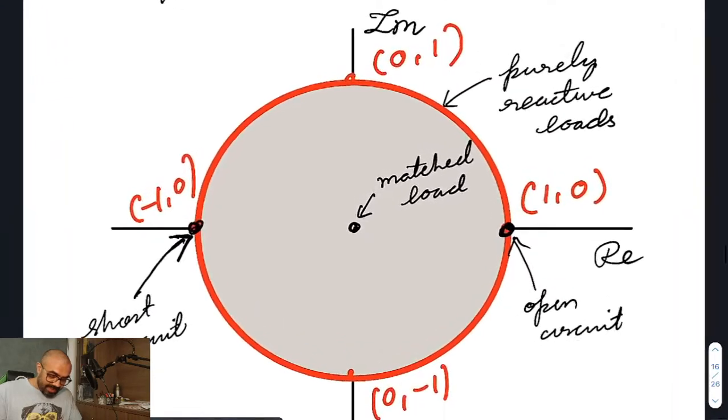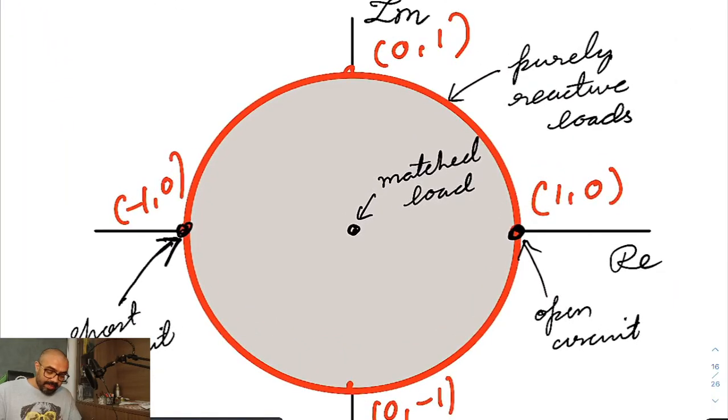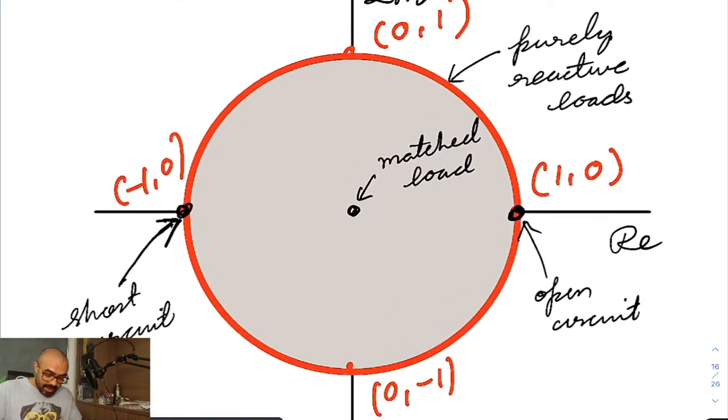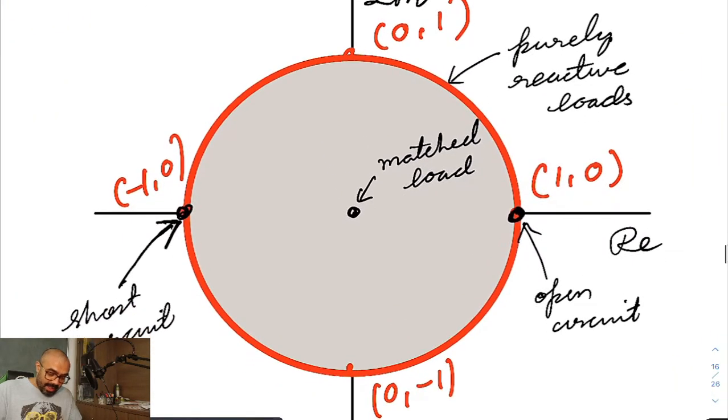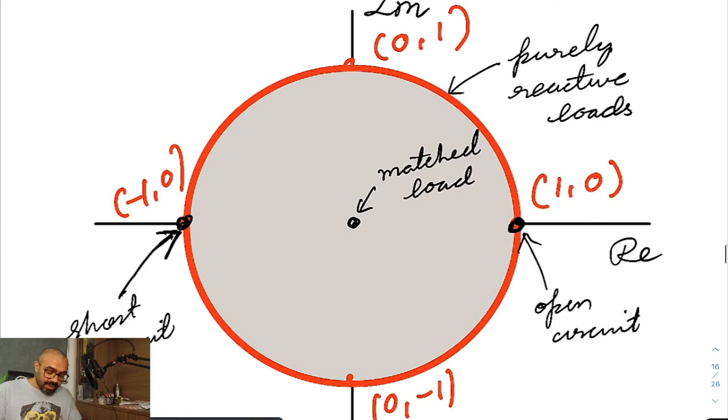Thus, graphically, we can represent gamma on the Argand plane, and we can say that it lies within the unit circle in the Argand plane. So any and all possible values of gamma are always going to lie within this unit circle.